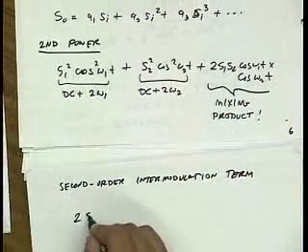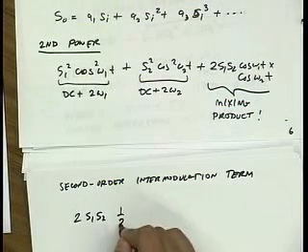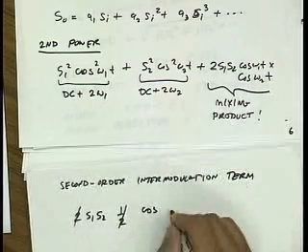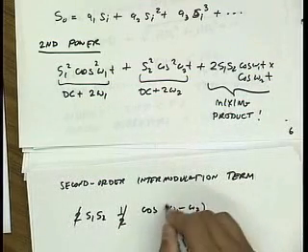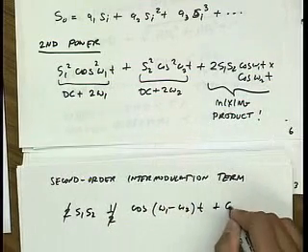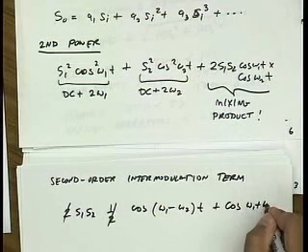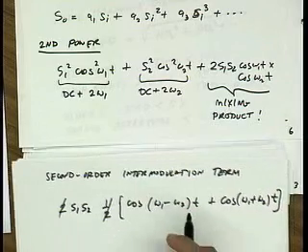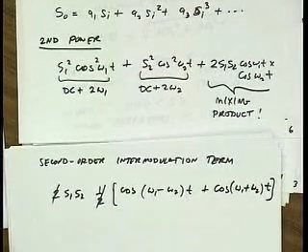And I have 2 S1 S2 times 1/2. Actually, these cancel out. So 1/2 S1 S2 times cosine of omega 1 minus omega 2 t plus cosine of omega 1 plus omega 2 t. Okay. So this is totally new.